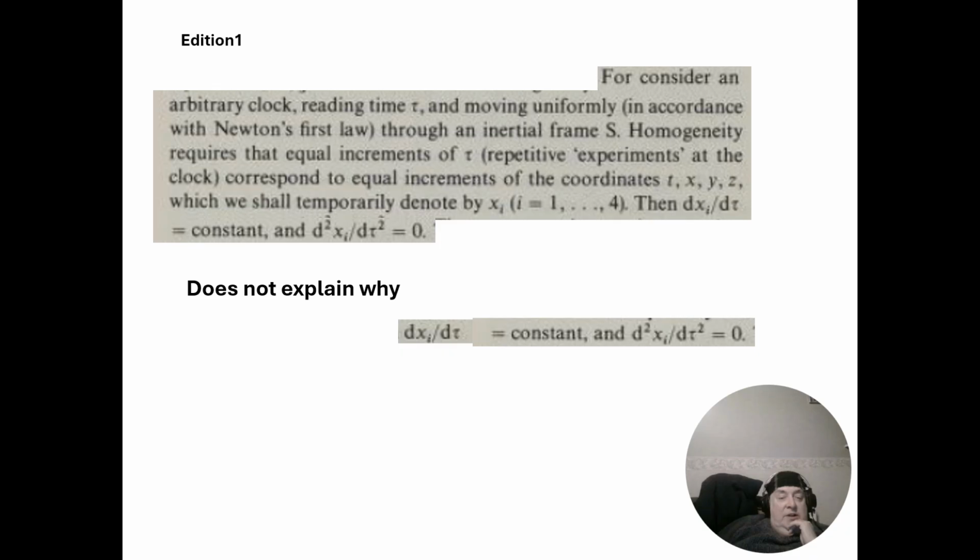And then you've got a differential equation equal to a constant. And it doesn't explain why that equation is equal to a constant. But when you differentiate that equation again, it's supposed to equal 0. You cannot explain where all that's supposed to be coming from.